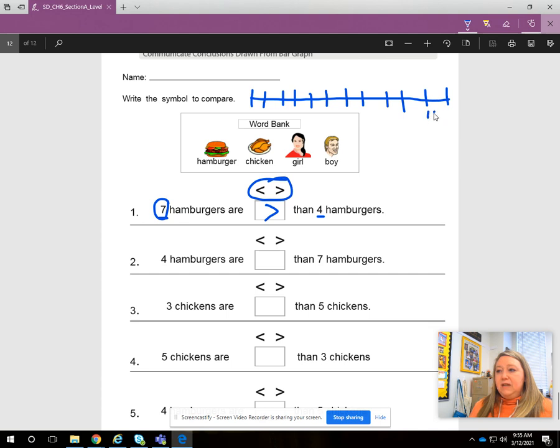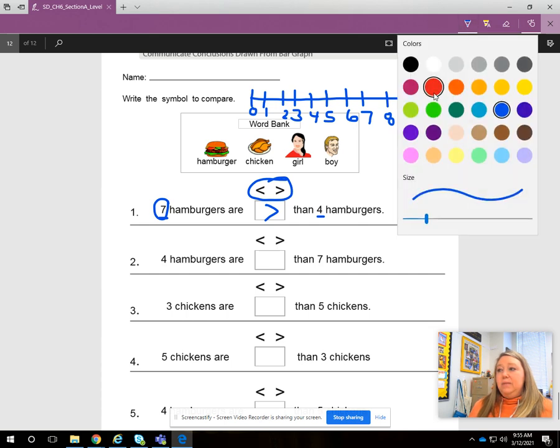It's so hard for me to write with a mouse, but I'm trying my best. 5, 4, 3, 2, 1, and 0, right?